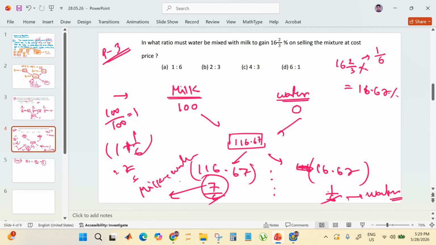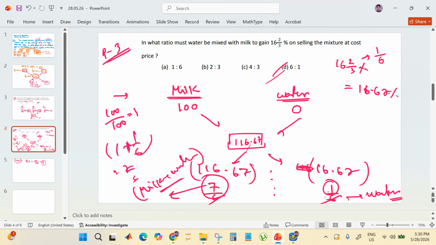Instead of the right answer 7 is to 1, it should be 6 is to 1. Again, I am discussing that this type of problem is a modified one. Basically, in your question answer it is 7 is to 1. If you do the same way, your answer should be 7 is to 1. But this 7 contains milk plus water, actually it is a mixture ratio. And this is the water part.